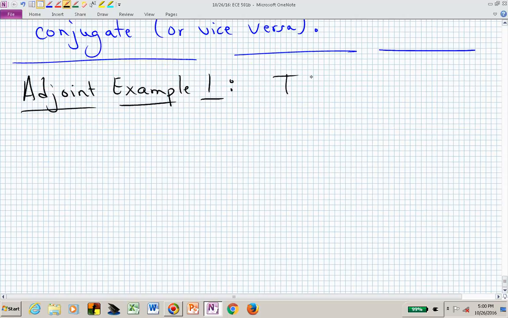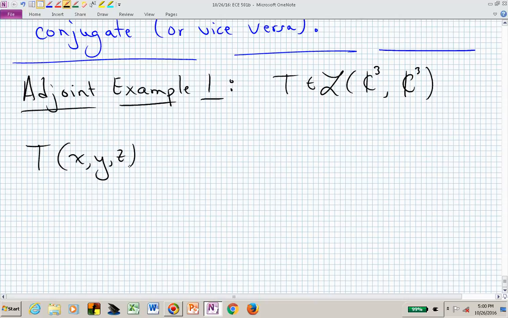Suppose that now T is a linear map from C3 to C3. And suppose that T is our linear map, and the three coordinates are x, y, z. And let's say that this linear map now takes x, y, and z to the following three coordinates.